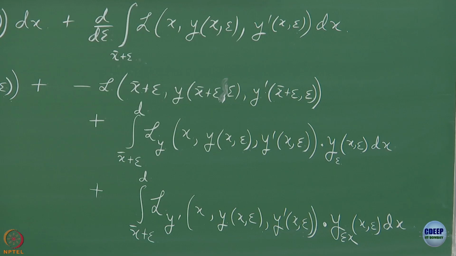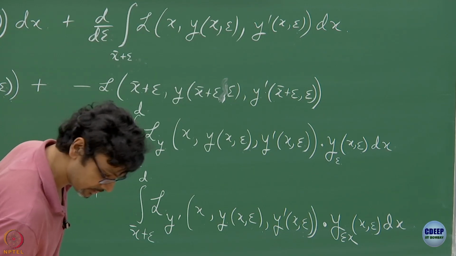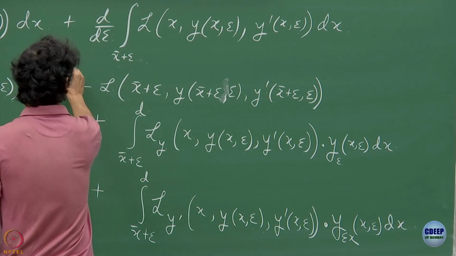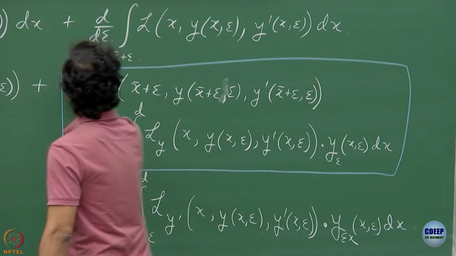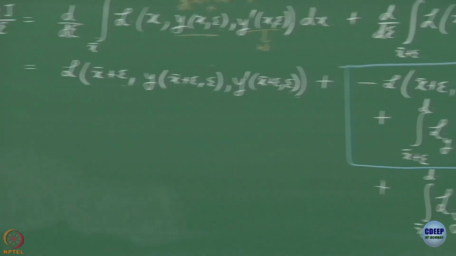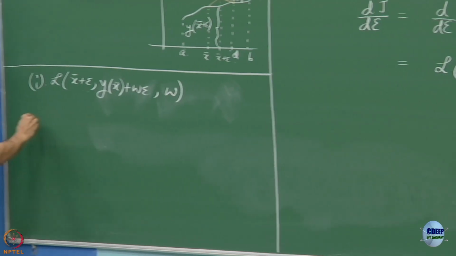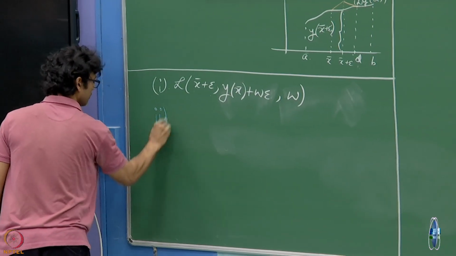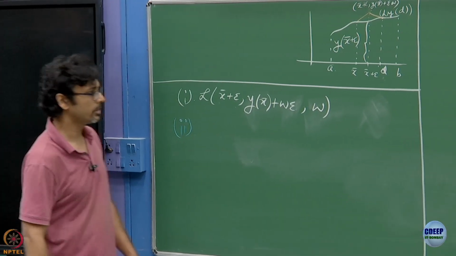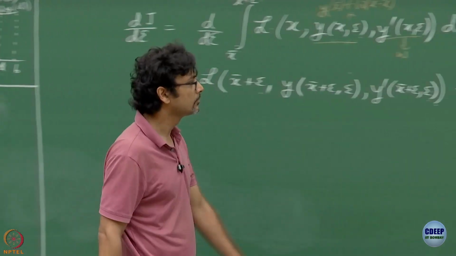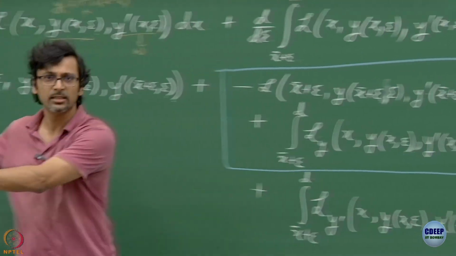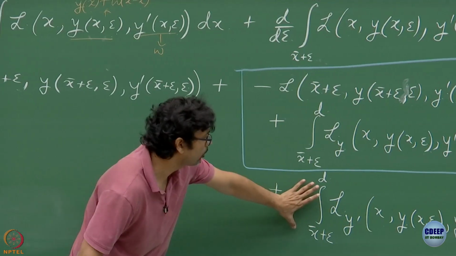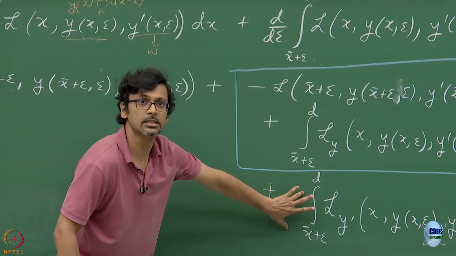Okay. Let us stitch these together and keep them in our box here. So we have these two terms, we set them aside, and hereafter we shall only bother ourselves with this term.